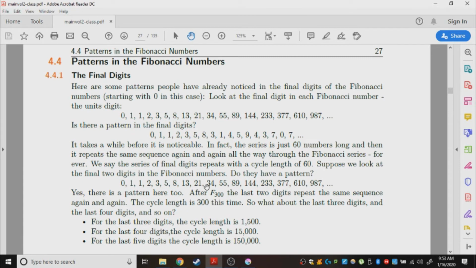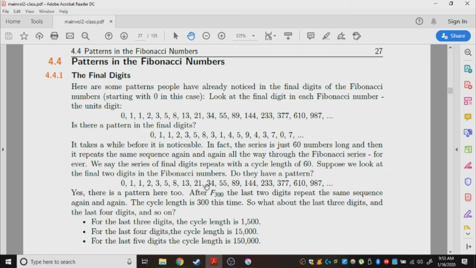So, if you look at the Fibonacci numbers and you look at the ones digits, it's not the best pattern, but it is a pattern. The ones digits repeat themselves. You have to go pretty deep.